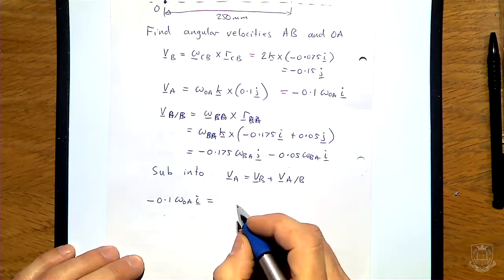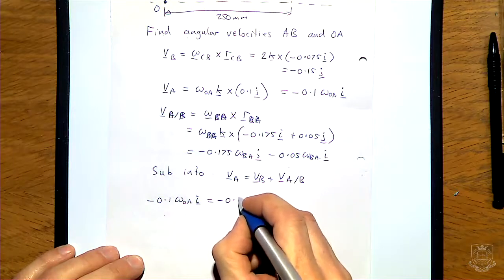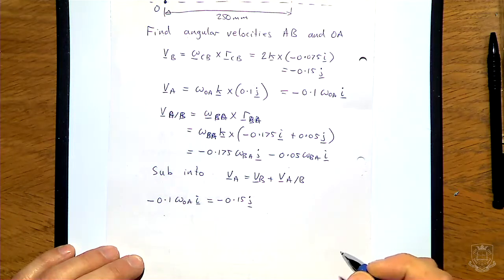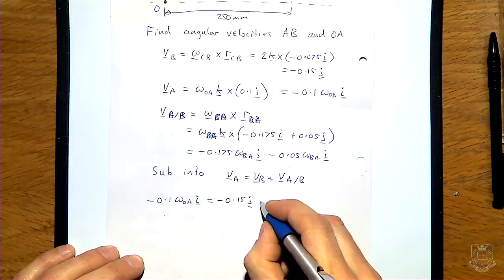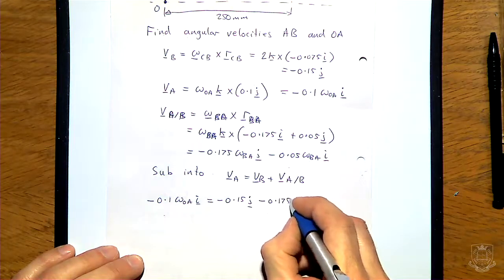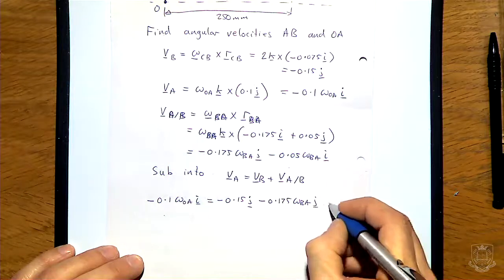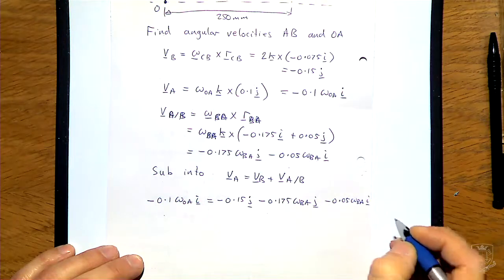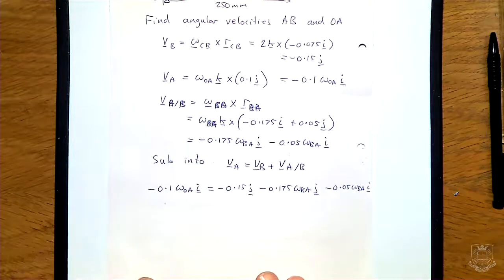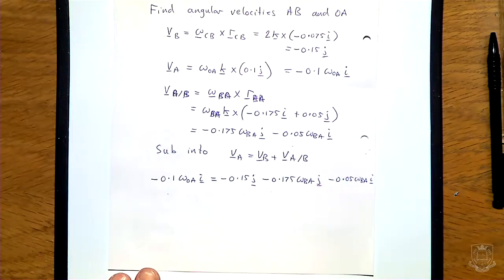And that's equal to, well, we worked out VB is minus 0.15 J. And then VA relative to B, this thing we've just worked out, has two terms: minus 0.175 omega BA J minus 0.05 omega BA I. So all I'm going to do now is match the coefficients, because in the I direction and the j direction, just like equating horizontal and vertical components, they've got to be equal.